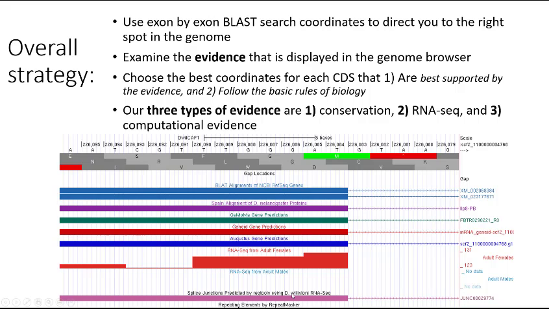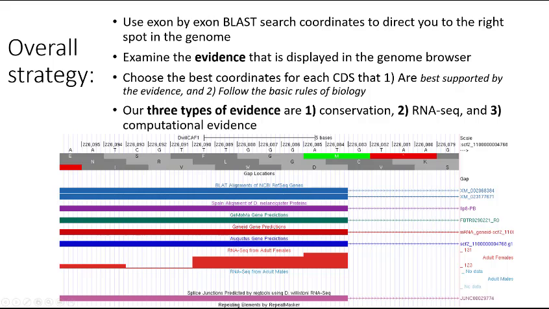Our overall strategy for this fine mapping step will be to use our exon by exon BLAST search coordinates from our step 2 to direct you to the exact spot in the genome where the conserved sequence lies. And then once we get there, we will examine the evidence that is displayed in the genome browser.